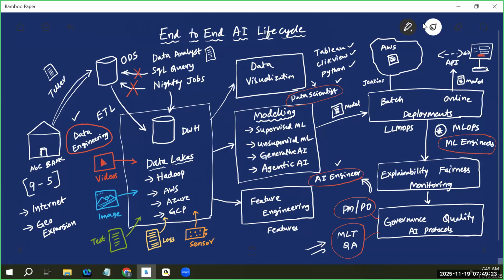AI engineer and data scientist will be the software side, right? So that is the difference. We can pursue both of them, and both can be used for our own purpose. And then eventually you will be able to get into one of the other roles which you would like.